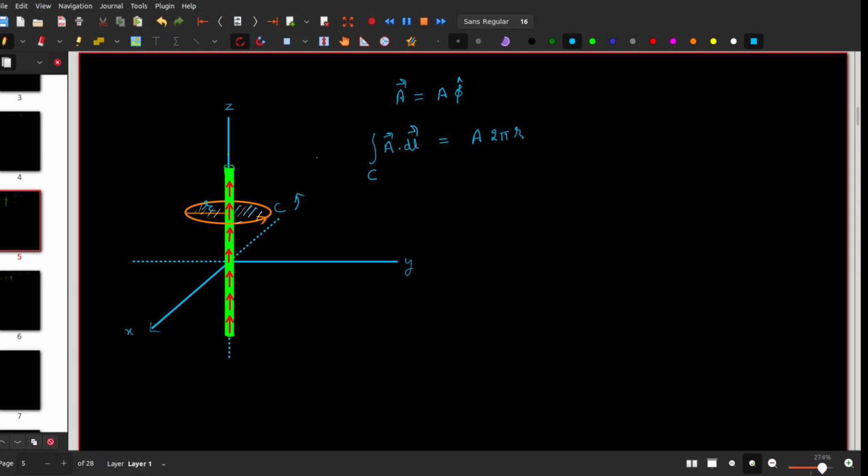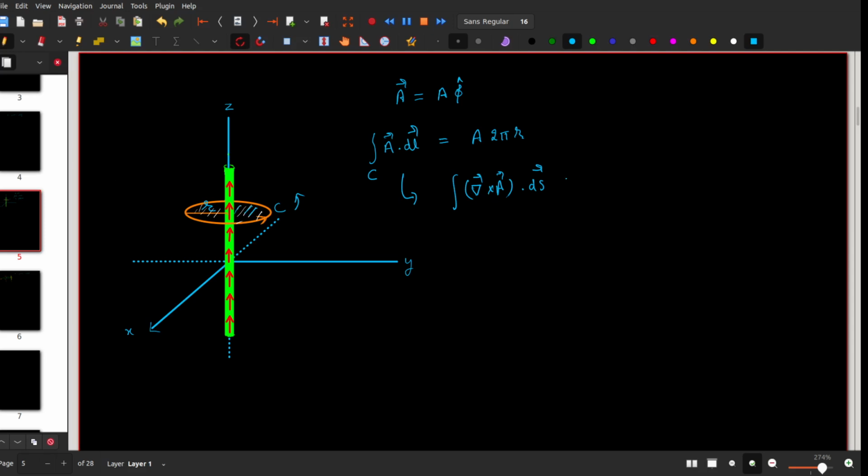However, using Stokes' theorem, this path integral can be written as the integral of the curl of A over the area which is enclosed by this circular path.